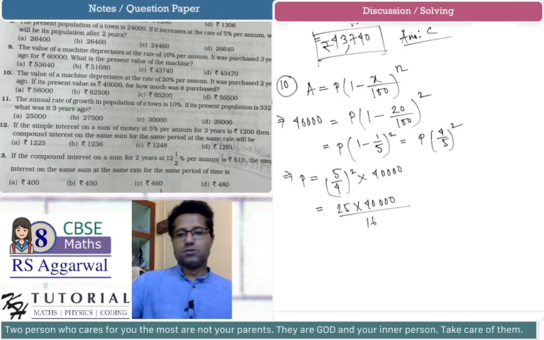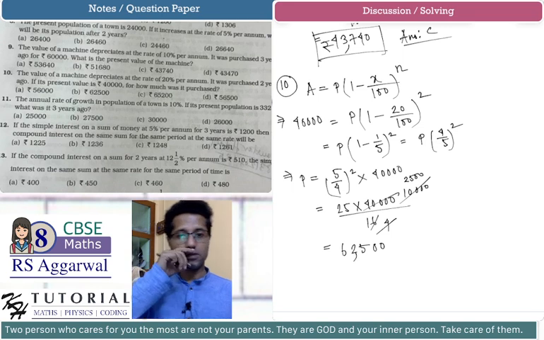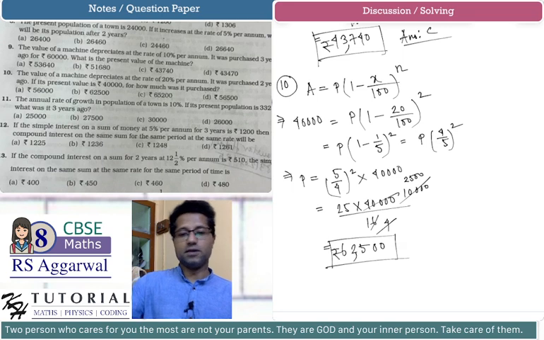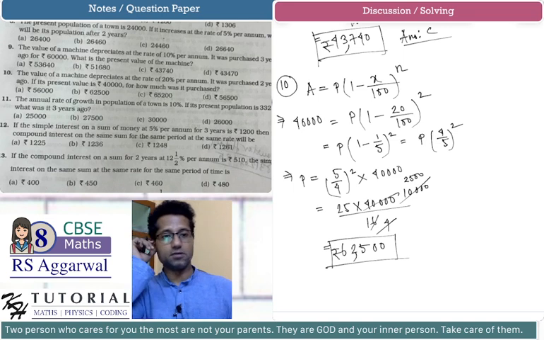So 4 divides 16 with 4, divides 40,000 with 10,000, and 4 divides 10,000 with 2,500. 2,500 multiplied by 25 is 62,500. 62,500 was the price, the value of the machine 2 years earlier, when presently the value is 40,000.